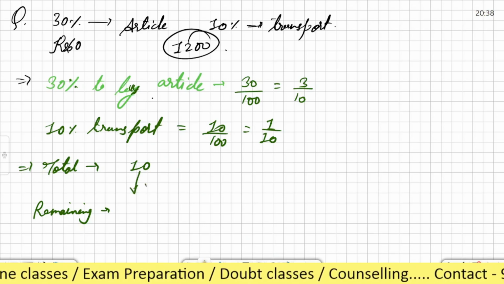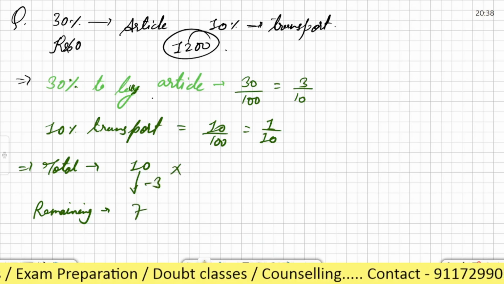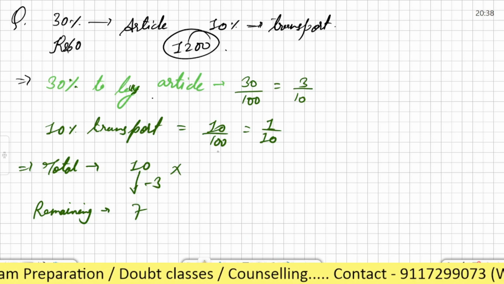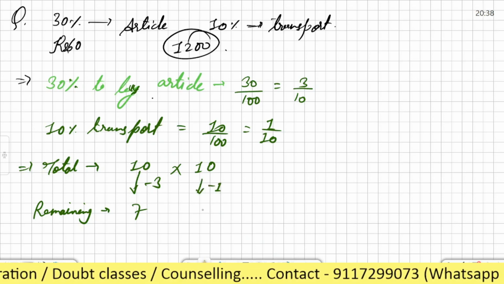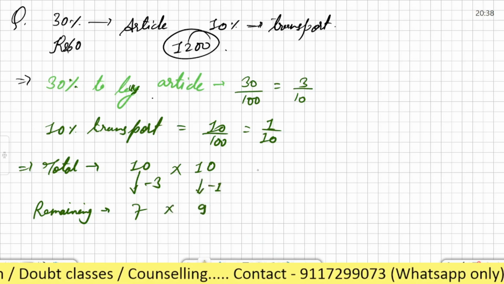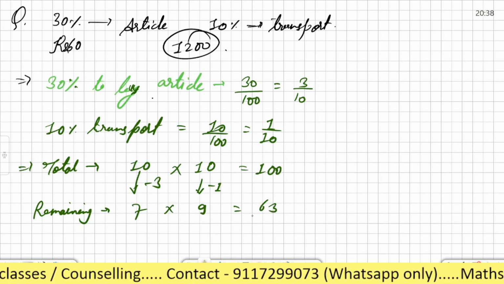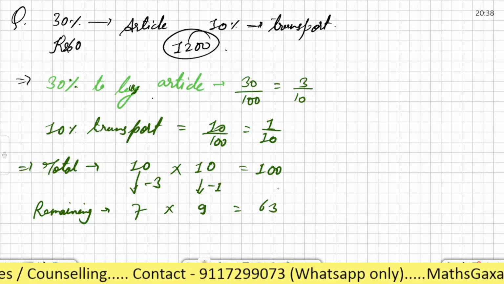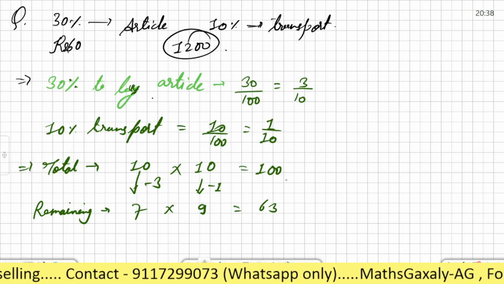So minus 3, remaining will be 7. Now again 10% in transport. It means 10 he spent, minus 1, got 9. Okay, 10 into 10 is 100 and here it's 63. It is said that he donates 60 rupees.